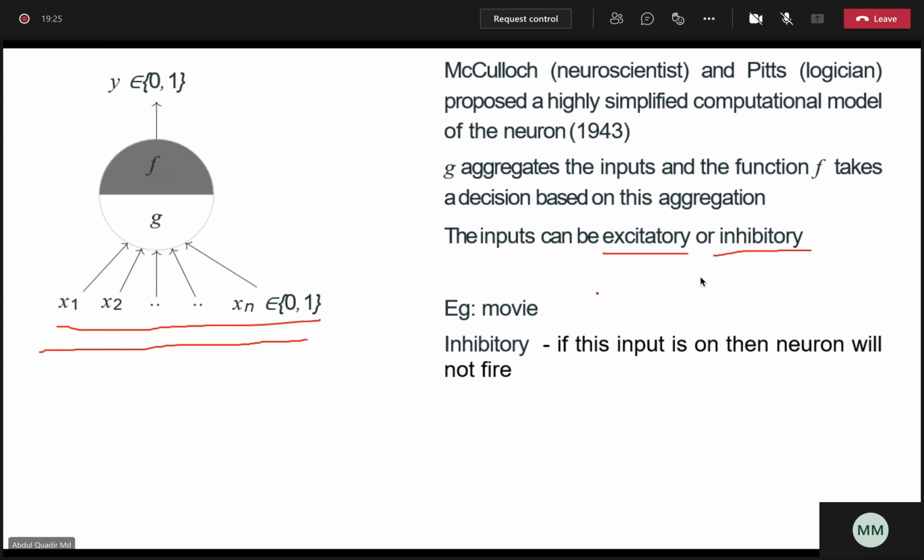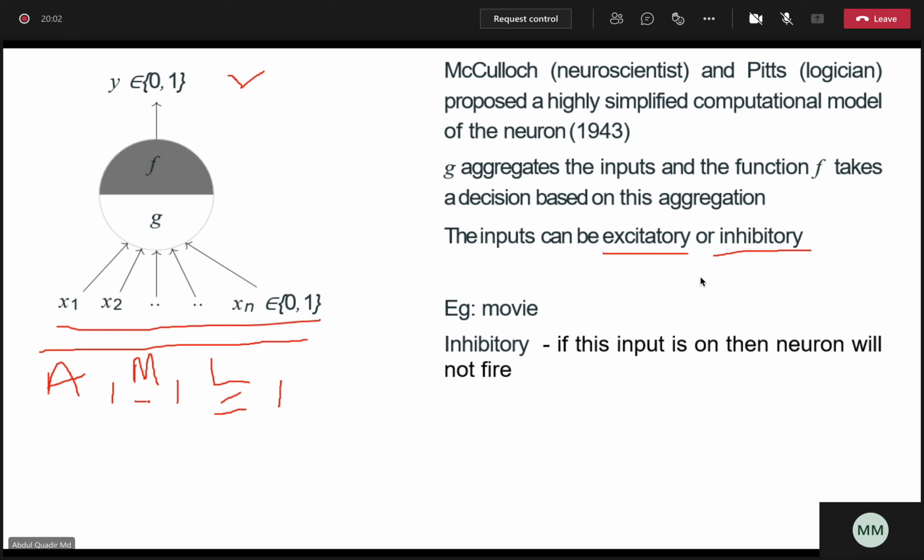Now say for example, students, I want to trigger. Say you want to watch a movie. My favorite director should be Lincoln.